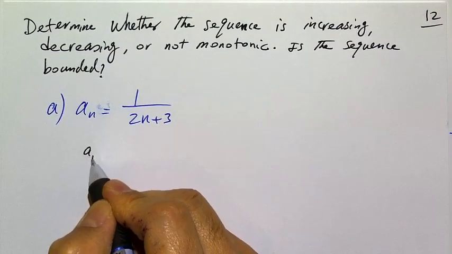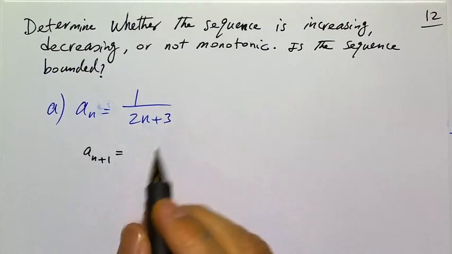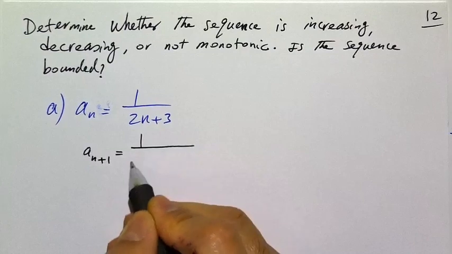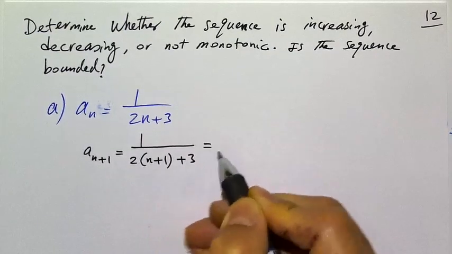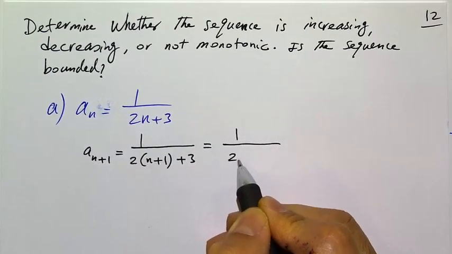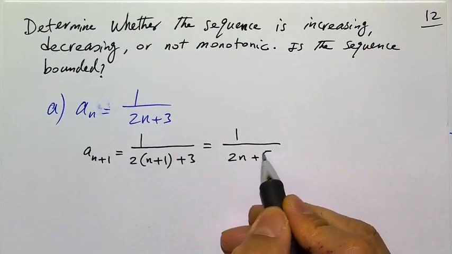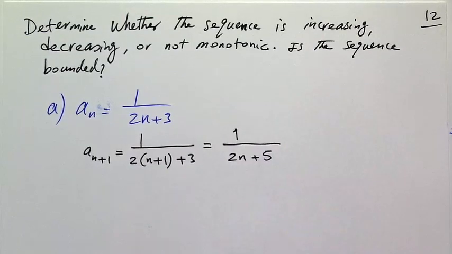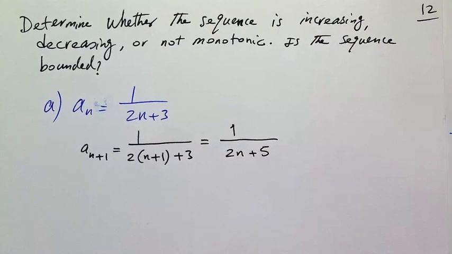So if we replace n with n plus 1 to find that, what do we get? We get 1 over 2n, if you distribute the 2 and then add 5, right? So this piece is a sub n plus 1, and we already had a sub n.